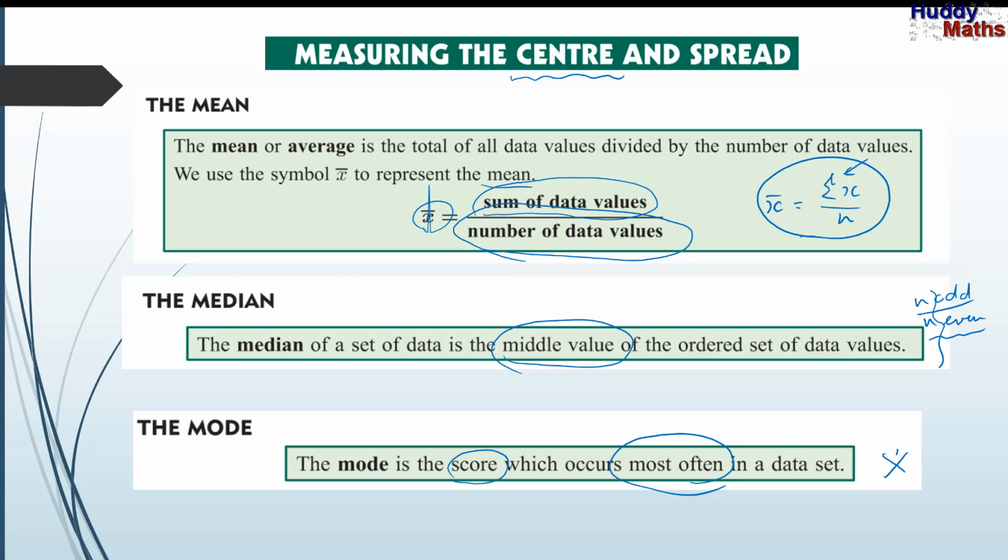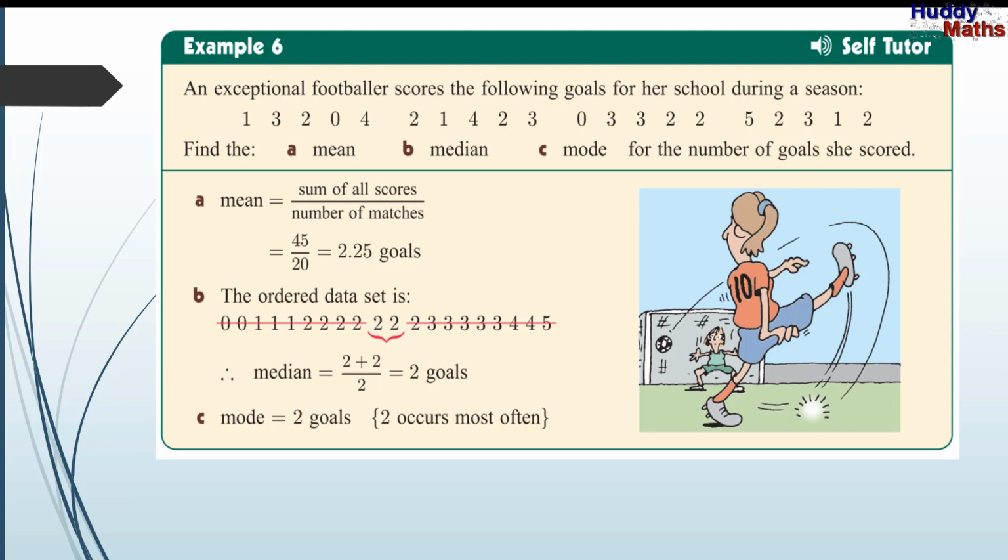And also, it is possible that there might be several modes. Several scores might occur 2 or 3 times, and picking the ones that occur 3 times, there might be several modes. So that's another reason we generally don't use the mode very much to measure the centre. All right, get the idea? Let's go down and try some now.